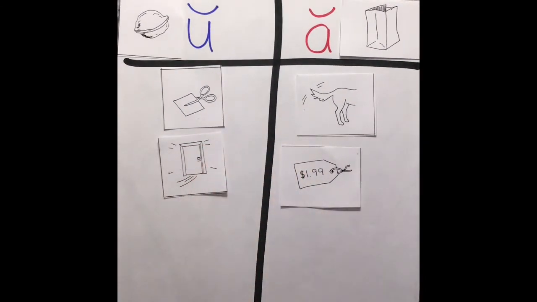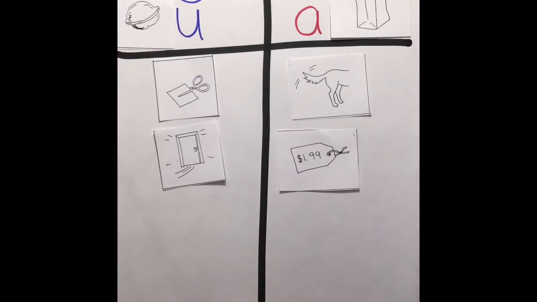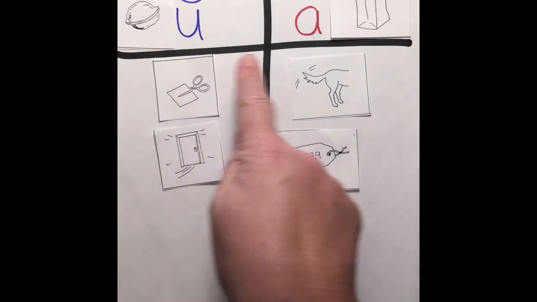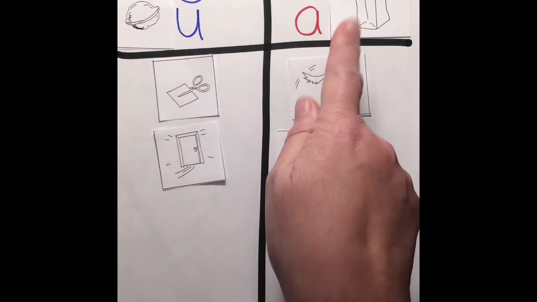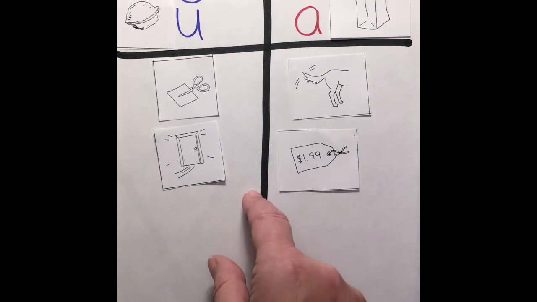Alrighty. And so this kind of sort, what kind of sort is this? Is it open or closed? It's closed because I gave you the categories. Is it a picture sort or, I'm sorry, is it a sound sort or is it a pattern sort? It is a sound sort, right?